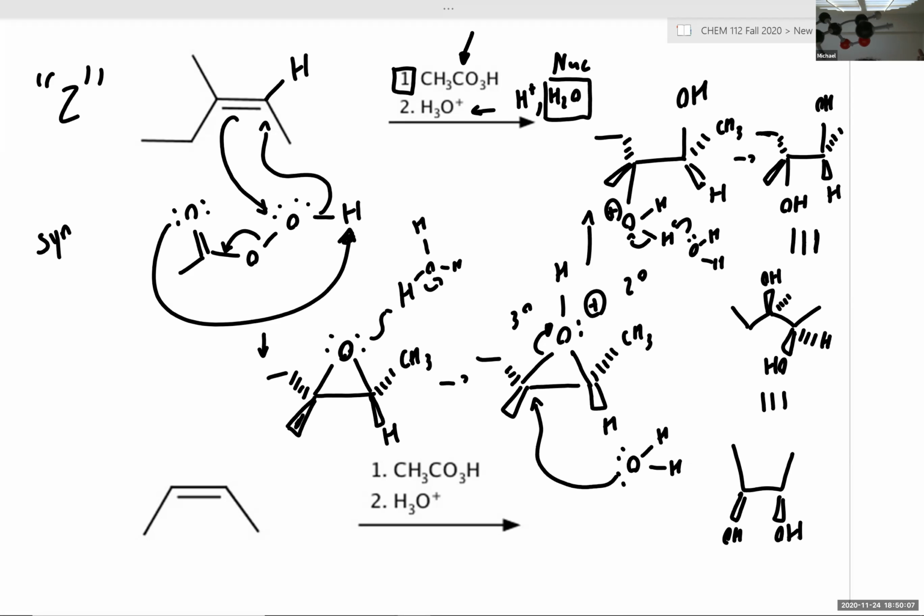If the alcohols are pointing towards us, the ethyl and the hydrogen would be in the back. Exactly right. So on the left-hand side, we have the ethyl group in the back, and we have our hydrogen in the back on the right.